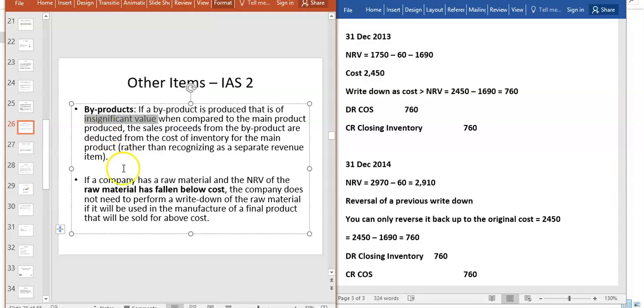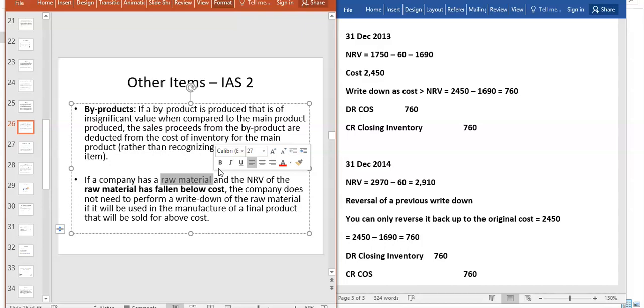If it is a significant amount of material, then it has to be treated as a separate revenue recognition line item. The other small exception, and you won't see this too often, is if the company has raw materials and the NRV of the raw materials is below cost, which means the NRV should be written down, but the company uses this raw material in a final product that is profitable. So I take my cocoa beans that have now been reduced in value, but I can put them into, for example, a coffee product or a chocolate product that is going to be profitable.